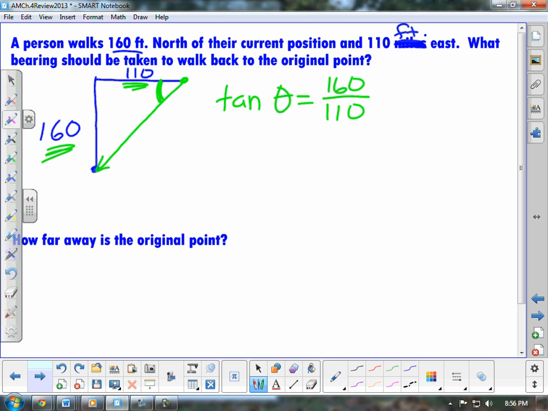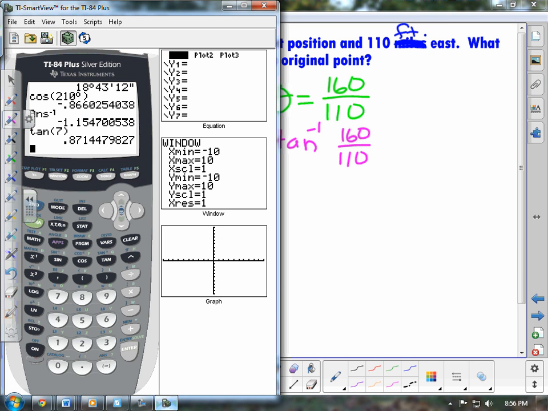And then solving that, theta would be equal to inverse tangent of 160 divided by 110. Now in using your calculator, 160 divided by 110 gets you 1.45 repeated, and then you have to take the inverse tangent of your answer to get what the angle is.